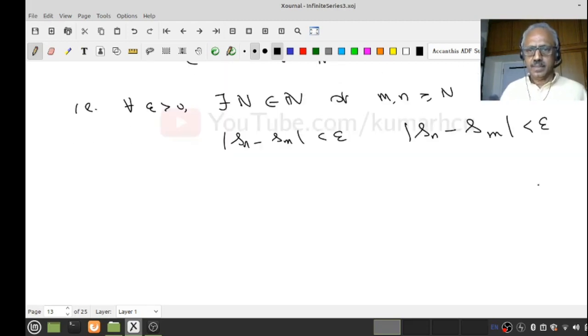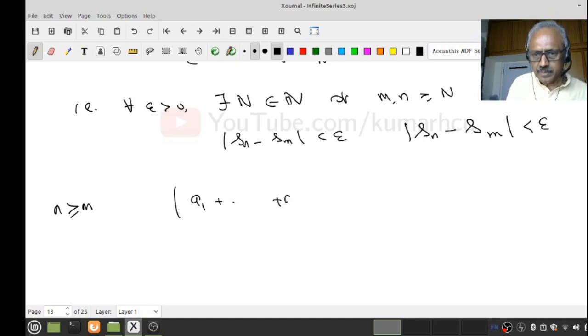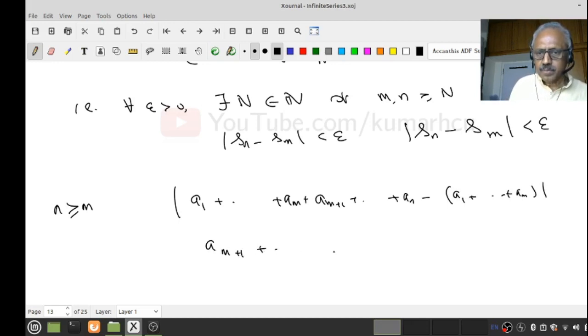Now let us assume n is greater than or equal to m, because n and m are integers. By the law of trichotomy, either n equals m, or n is greater than m, or n is less than m. Without loss of generality, we will assume n is greater than or equal to m. Therefore, what is Sn minus Sm? That will be a1 plus ... plus am plus am plus 1 plus ... plus an, minus a1 plus ... plus am. That is am plus 1 plus ... plus an. This should be less than epsilon.